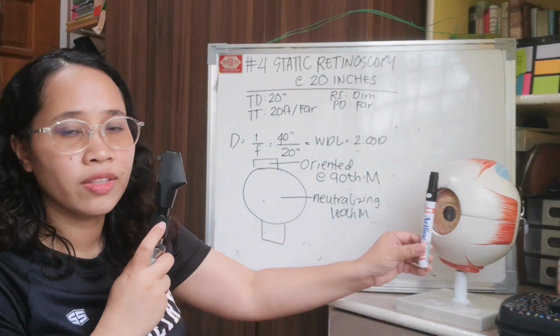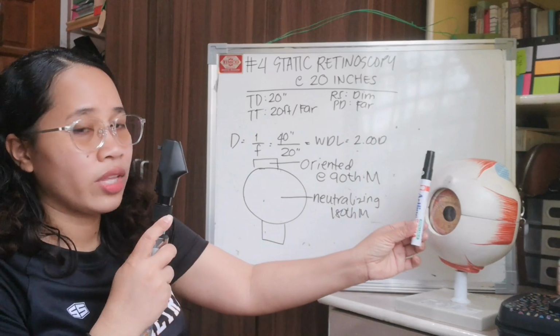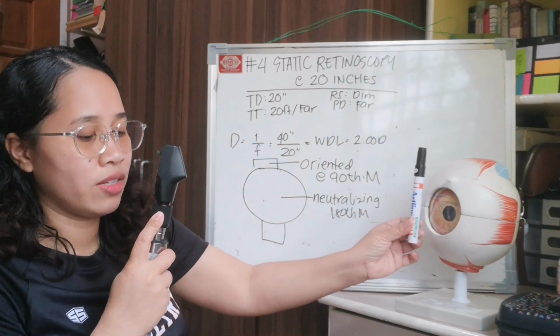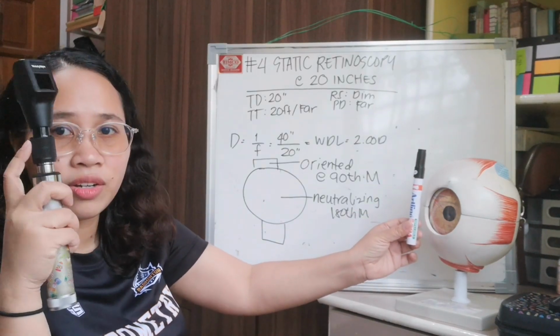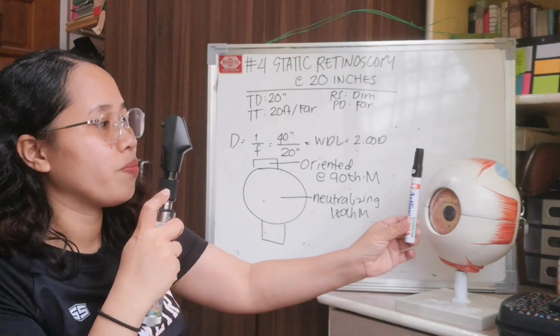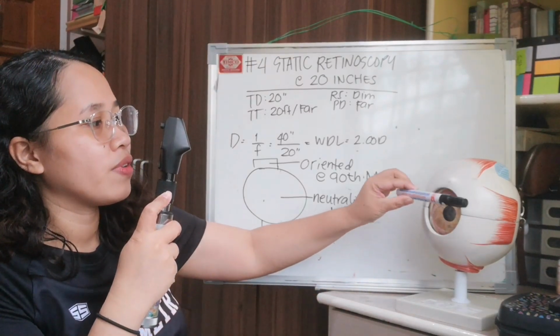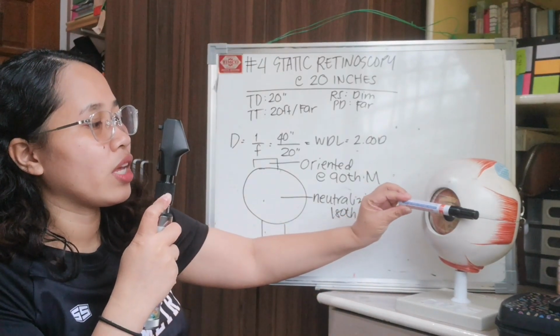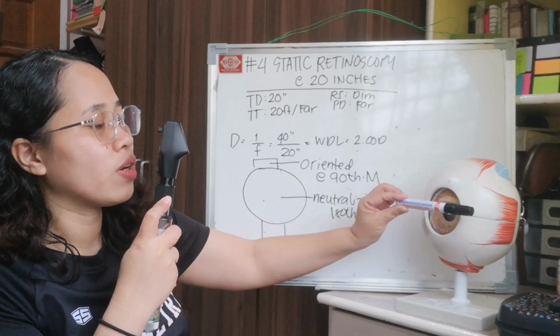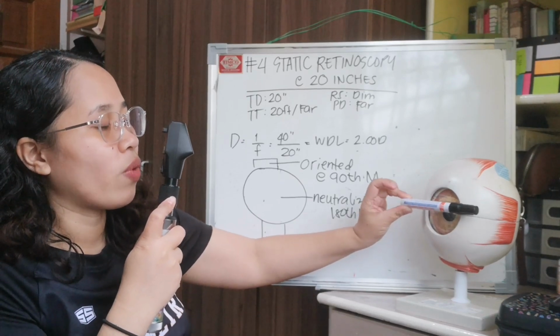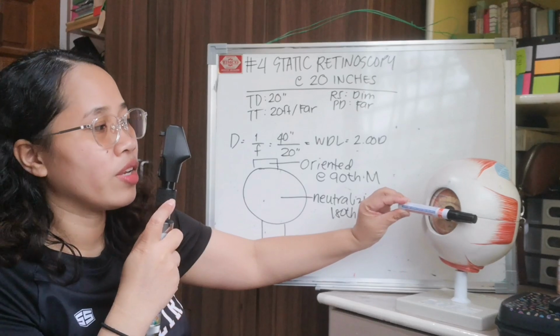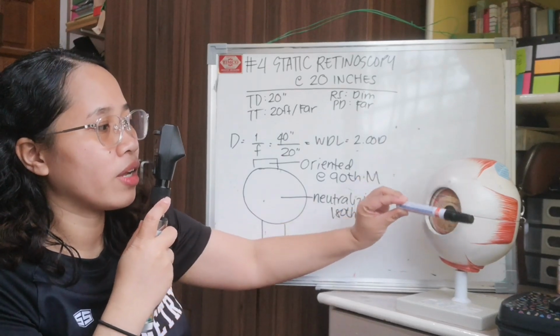Then you rotate the sleeve of the retinoscope to make the streak orientation 180th, and then you move up and down.